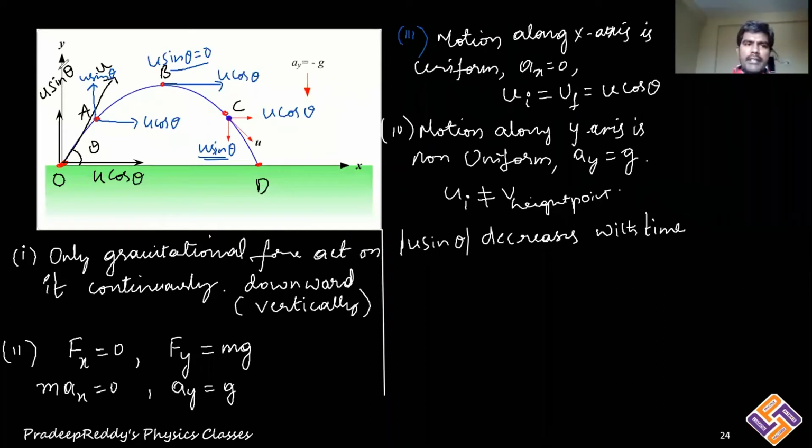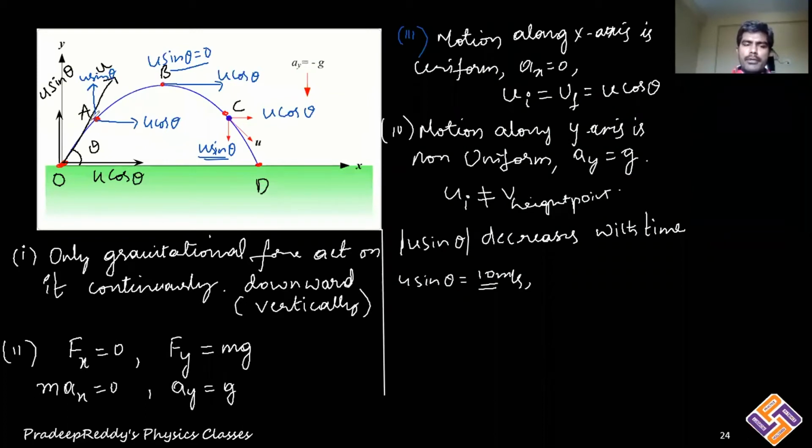See, initially, for example, let the vertical component u sin theta magnitude be 10 meters per second. At the highest point, what would happen? As it is going up, acceleration is in downward direction. 10 will become 9, 8, 7, 6, 5. Finally, at the point B, vertical component becomes 0. Horizontal component remains the same as it is.